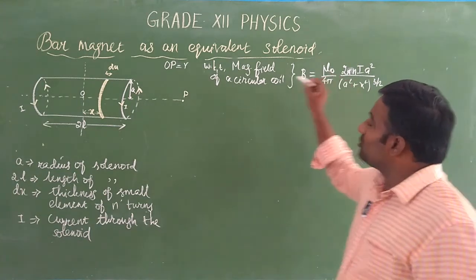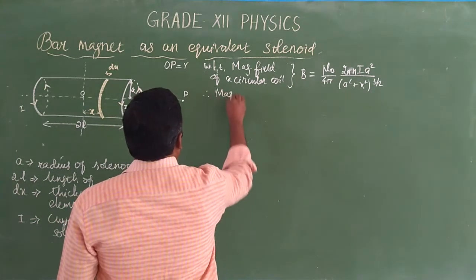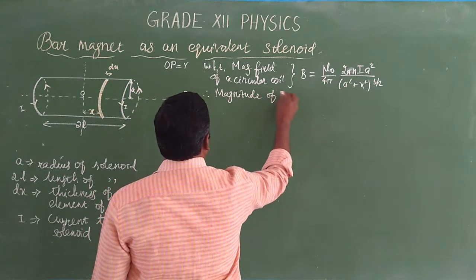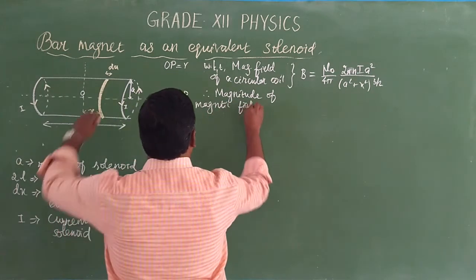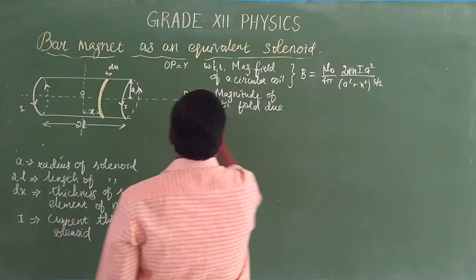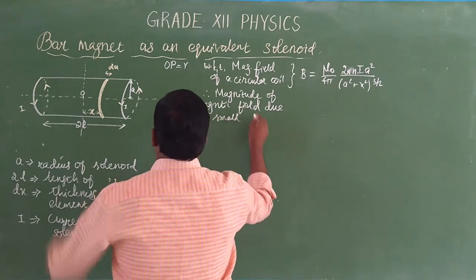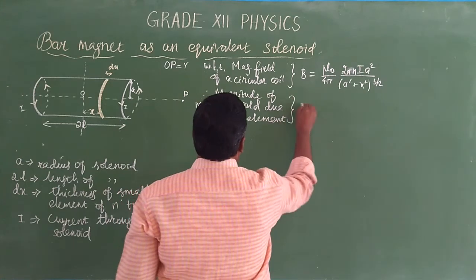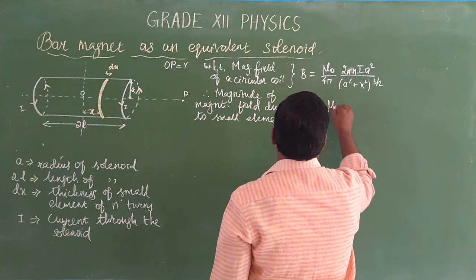So this concept we are going to apply for the small turns. Therefore, we are only going to find the magnitude, not the directions. So the magnitude of the magnetic field due to the small current element of thickness dx, that is dB, is equal to, it is the same, mu naught.